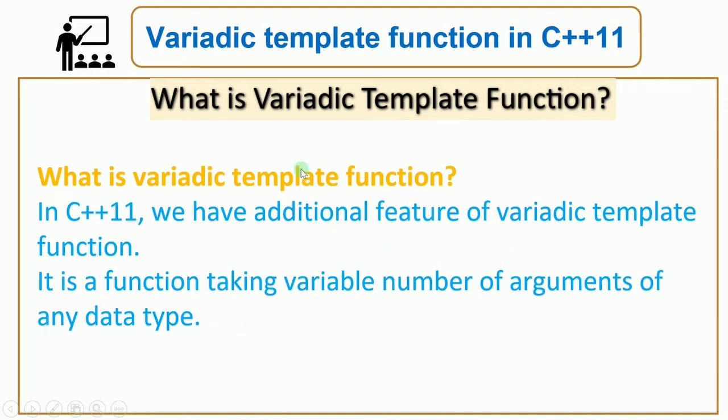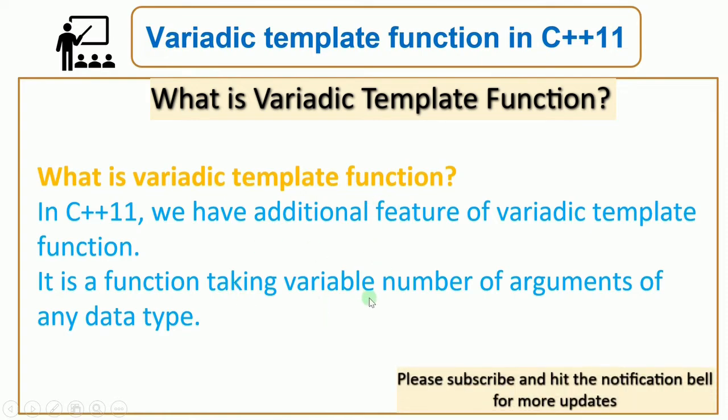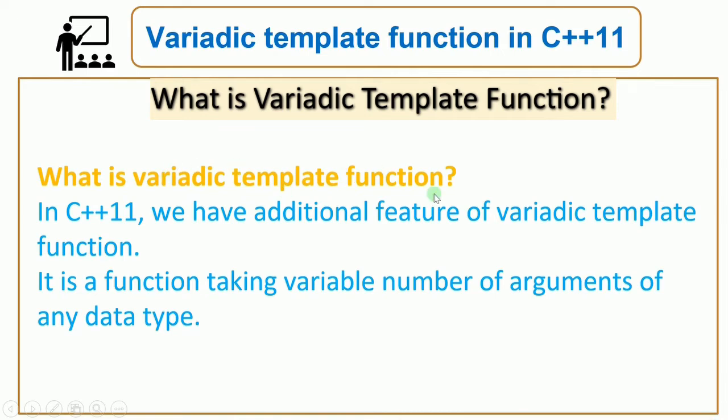First of all, we know that a template function works for any data type. But the additional thing with this Variadic template function is that the function should be defined in such a manner that the number of arguments given to this function should be variable, should be changing, that too of any data type. That function is called a Variadic template function.